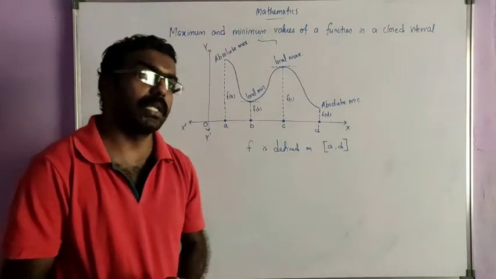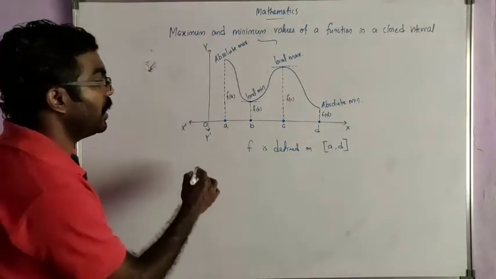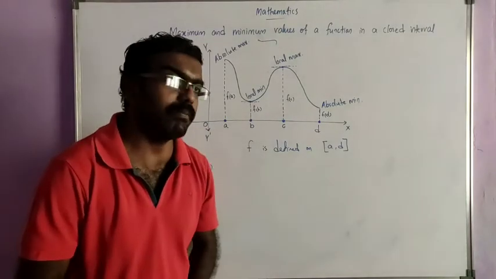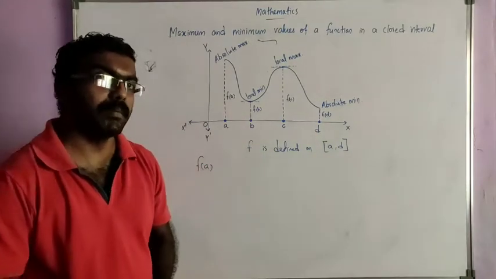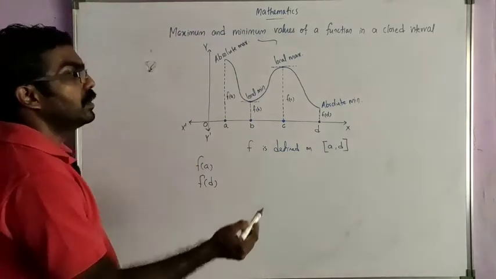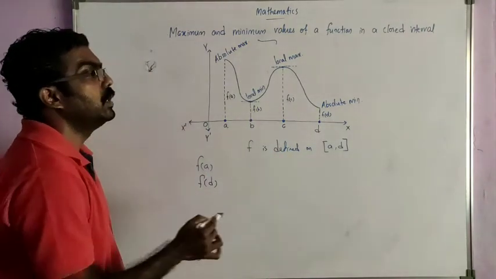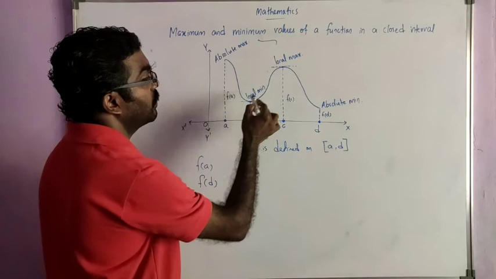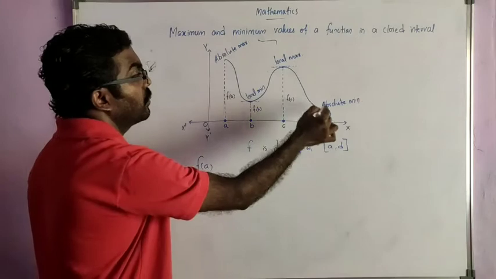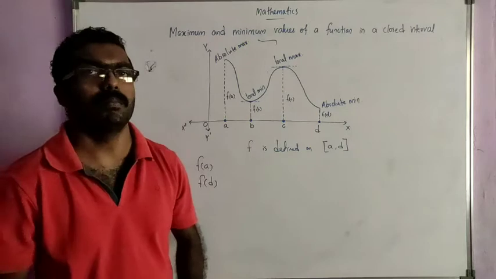So f has an absolute maximum value at x equal to a, given by f of a, and f has an absolute minimum value at the point d, given by f of d. Further, note that the absolute maximum and absolute minimum are different from the local maximum and local minimum. Clear?